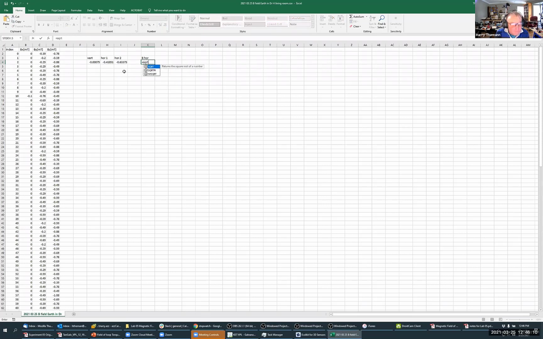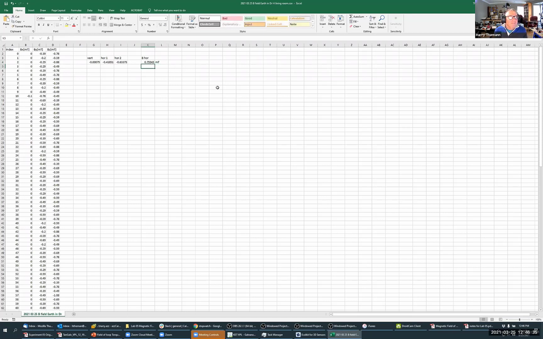So I have to do Pythagorean theorem, add in quadrature, square root of this one squared plus this one squared. So the horizontal component is in millitesla.